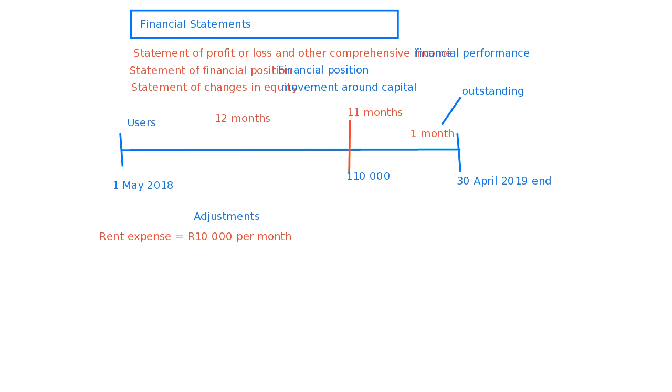So this amount of 10,000 is called accrued, because the expense is still to be paid. I hope you understand me.